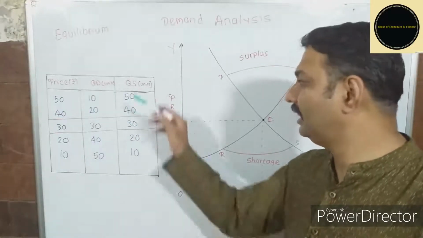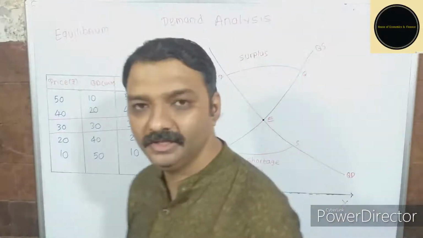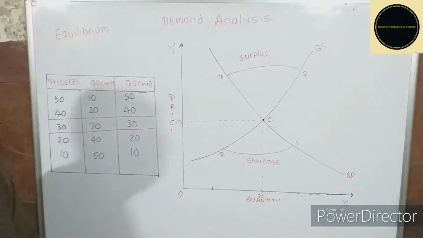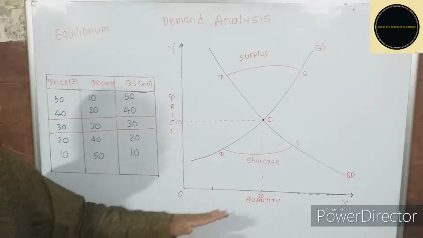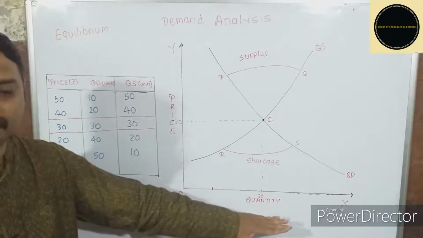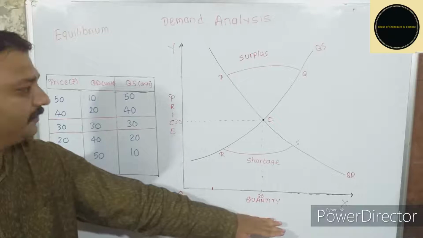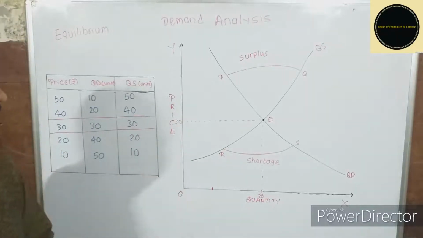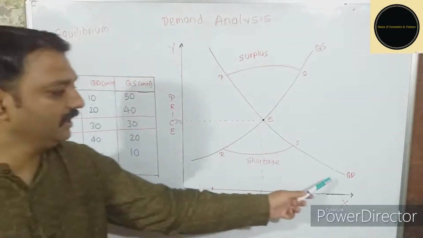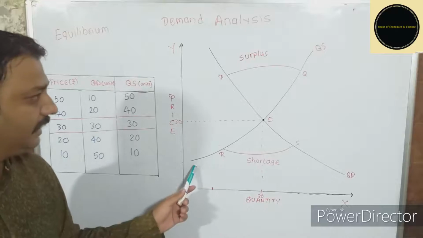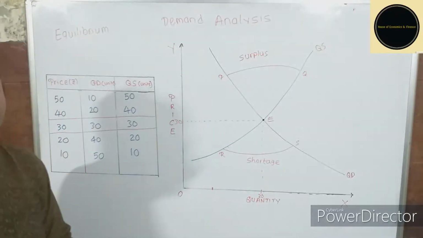I have graphically represented these demand and supply schedules by demand and supply curves. On the x-axis I have taken quantity, both quantity demanded and quantity supplied. On the y-axis I have taken price. Here QD is the demand curve, and QS is the supply curve.